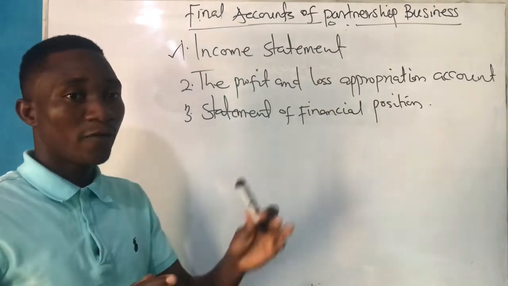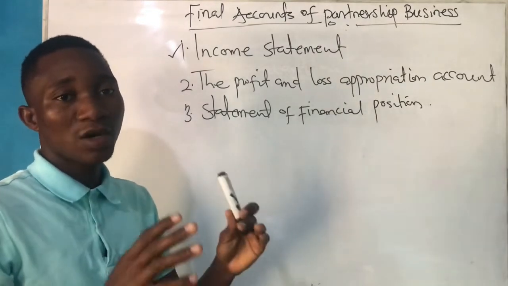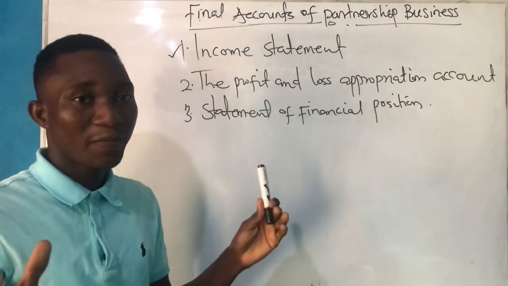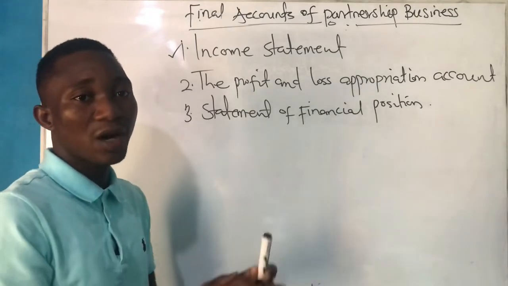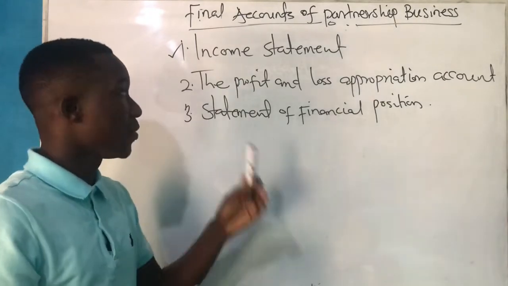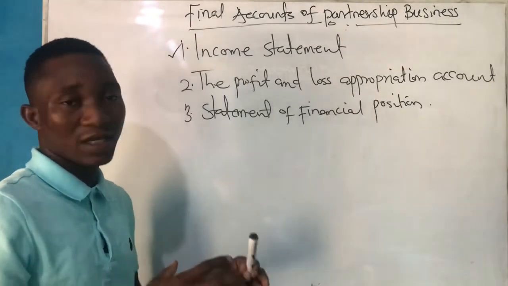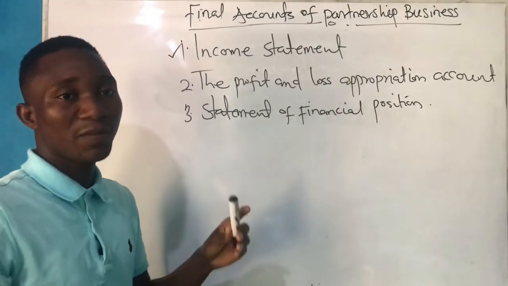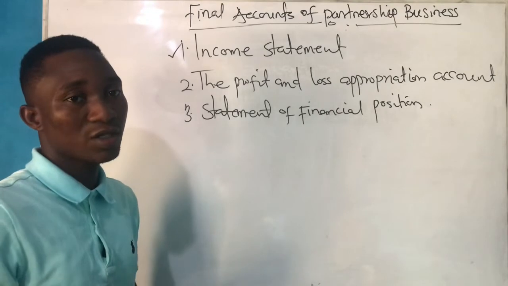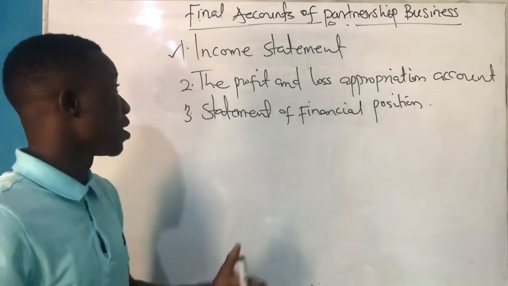Is that okay? For a sole trader, profit or loss is not shared between partners. It is only the sole trader who enjoys the profit alone. But in the case of partnership business, the profit or loss is shared between the partners based on the profit or loss agreed ratio.